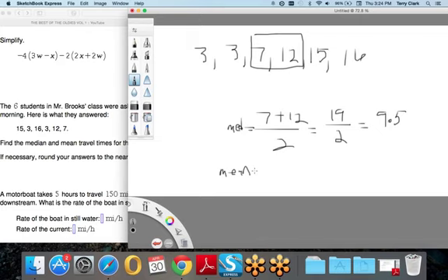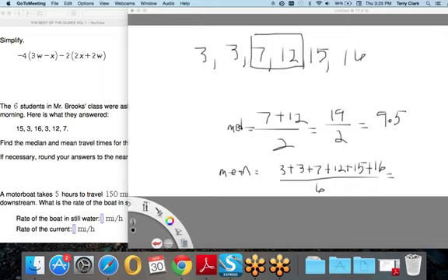We're going to take 3 plus 3 plus 7 plus 12 plus 15 plus 16. And then we're going to divide that by 6 because there's 6 numbers there. All right, so we'll throw that in the calculator and see what we come up with.